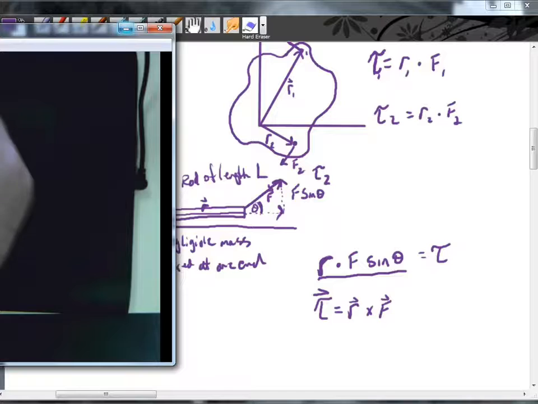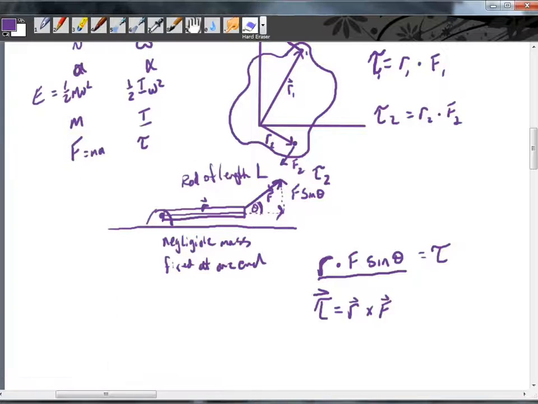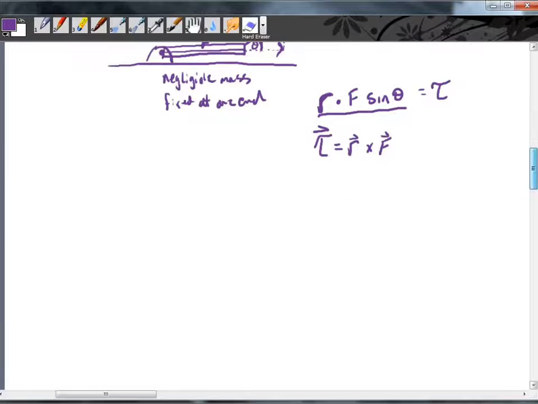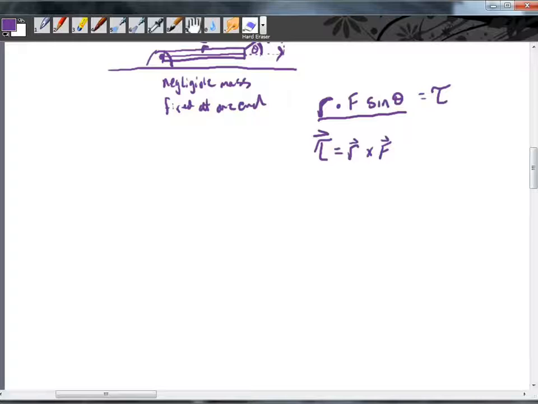Now, this is also how, by the way, our x, y, and z axes are made.